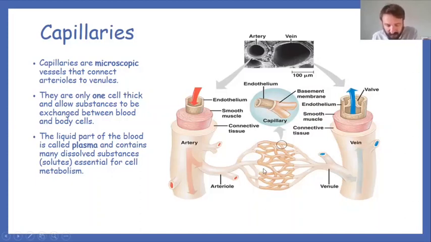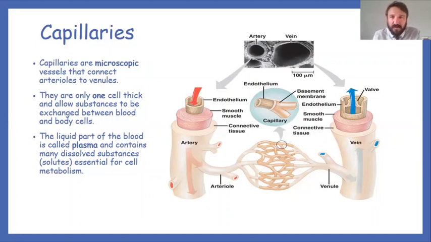Now the capillaries are here, okay, and you can see this. And then the venule here is like the smallest vein component that sucks the blood out of the capillaries. Okay, so the blood is going up through here and then being sucked out by the venule here. Okay, and don't forget, it's only one cell thick, so I can't even begin to describe how tiny, microscopic that would be.